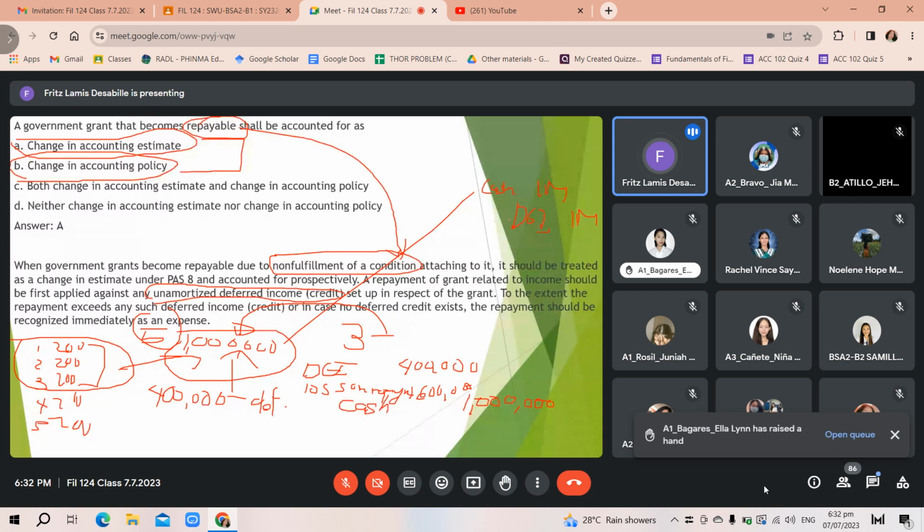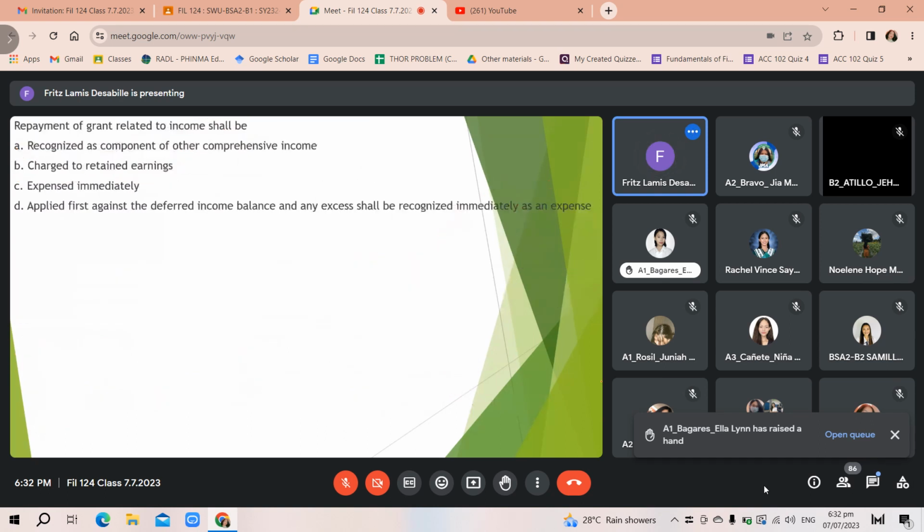So balance 400,000. So this is how we recognize deferred grant income of 400,000 na debit. Loss on repayment 600,000, cash 1 million. Okay. Sige. Don't worry, we have example later.